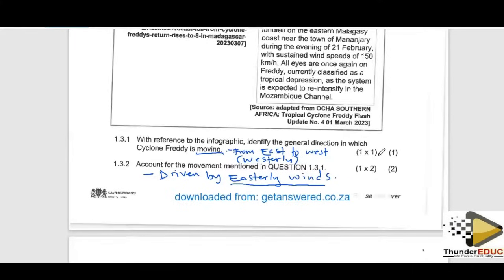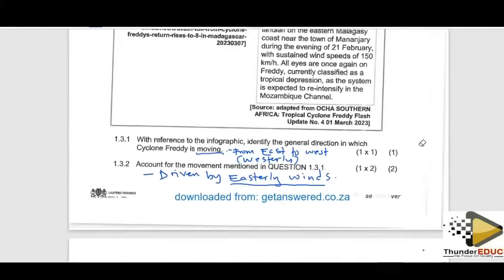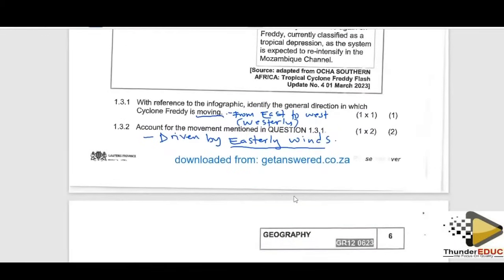For example, if we go back to our compass that I drew earlier, bring it down here first to understand more about these winds. If I do my compass here like this, this is the east.